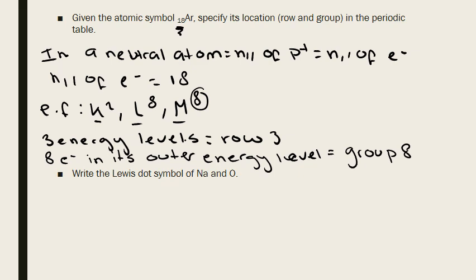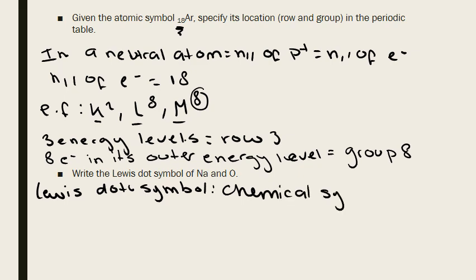So it says write the Lewis dot symbol for Na and O. So the Lewis dot symbol is the chemical symbol surrounded by the valence electrons.